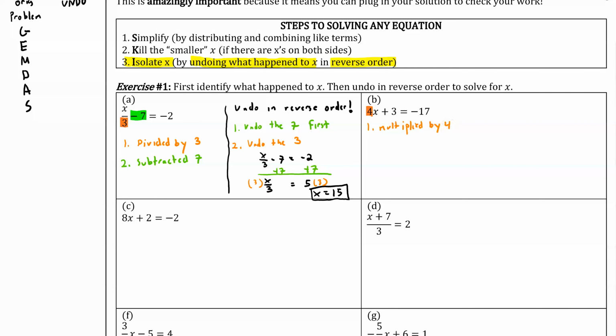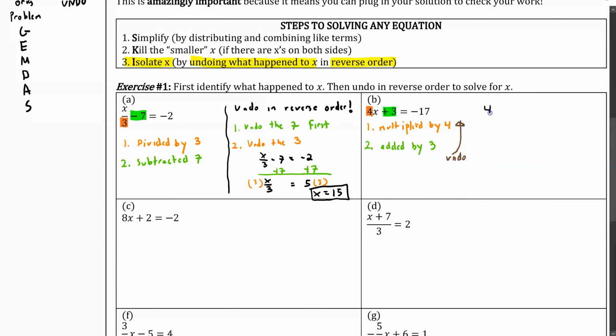And then from here, it's being added by 3. And so when we're undoing, we start from the bottom and work our way to the top, and that's the order that we undo.